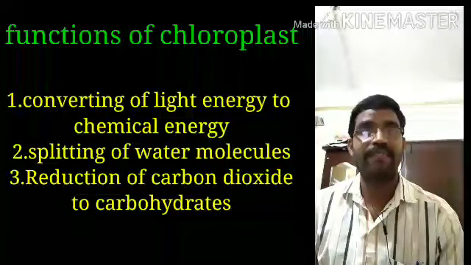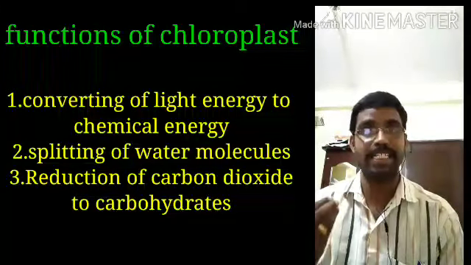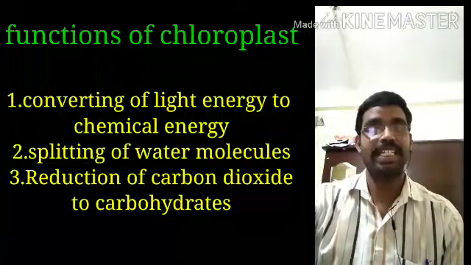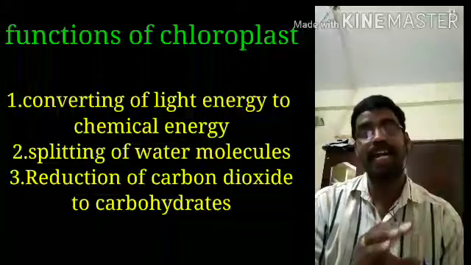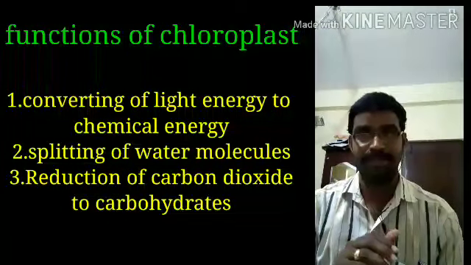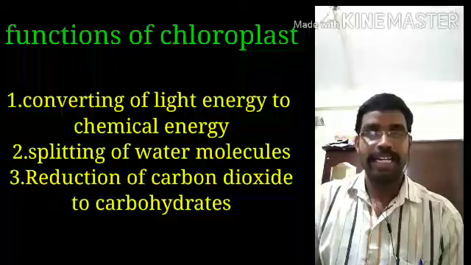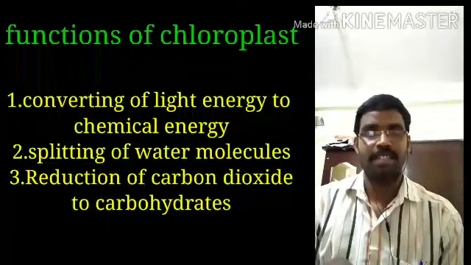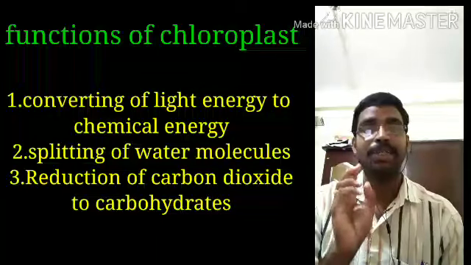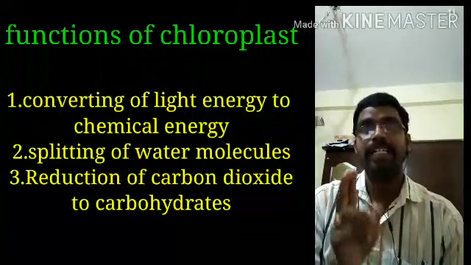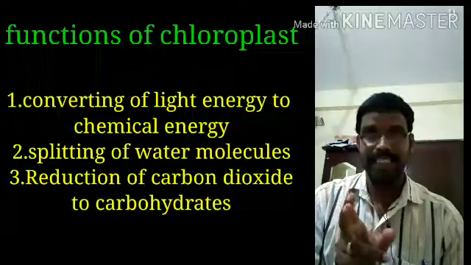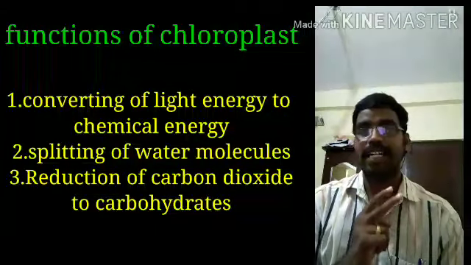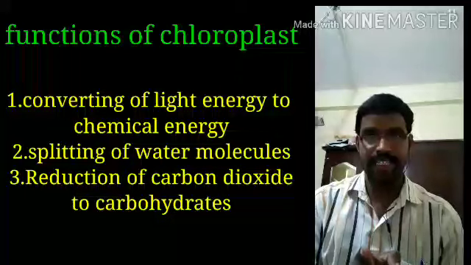Light is important for starting the photosynthesis process. This light is captured by the photosynthetic pigments present in the chloroplast. So these total reactions take place in the chloroplast. There are mainly two important reactions in photosynthesis: one is light reaction, second is dark reaction.